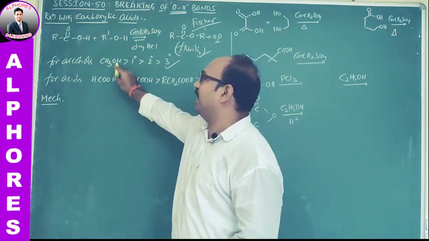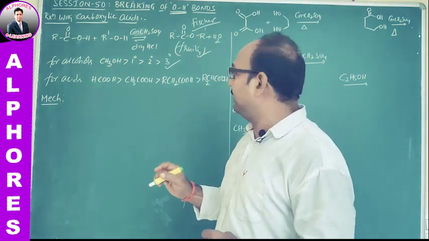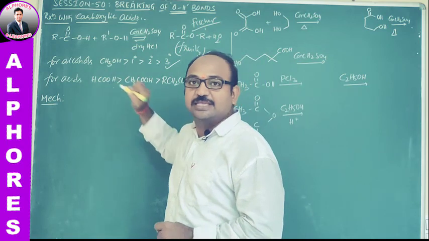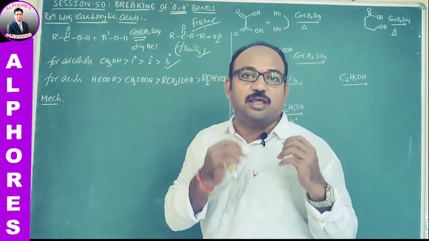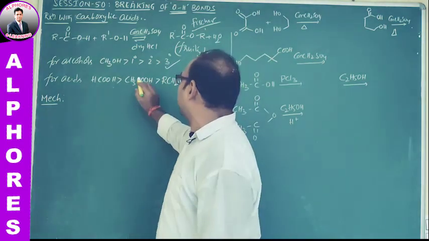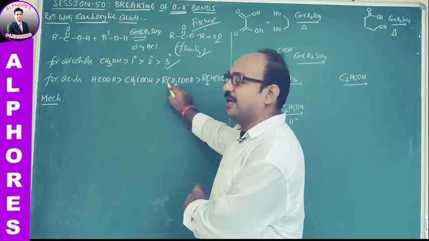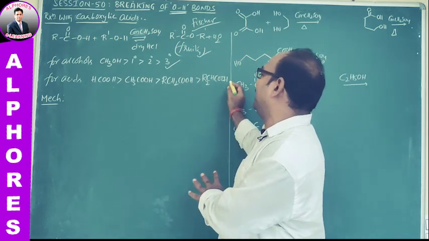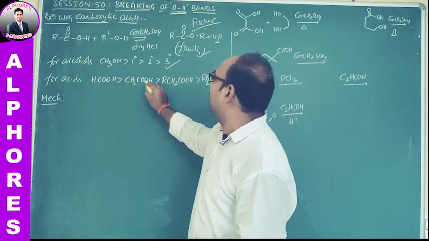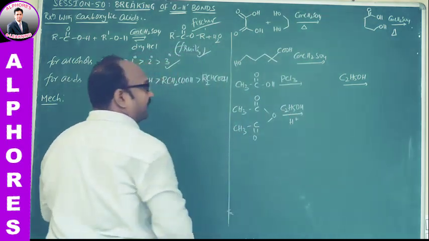And for carboxylic acids, the order towards esterification is formic acid greater than acetic acid, and acetic acid greater than higher acids. That means the more the number of carbon atoms in the carboxylic acid, the less the ease of esterification.